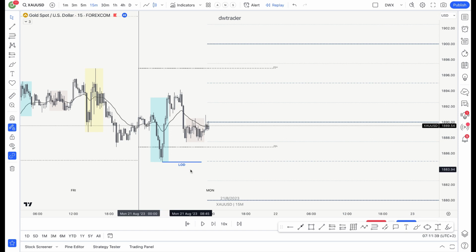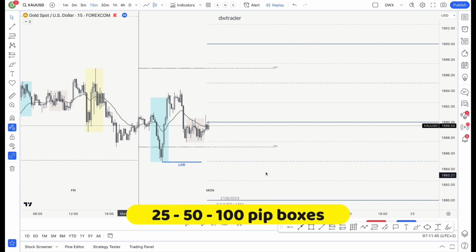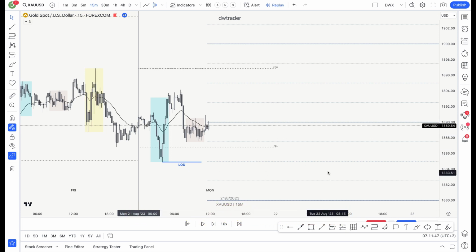So 3 levels of rise in the form of 25, 50 or 100 pip boxes. That is what these lines on the right hand side are for. They are increments of 25 pips or points: 25, 50, 75, 100 right over there.